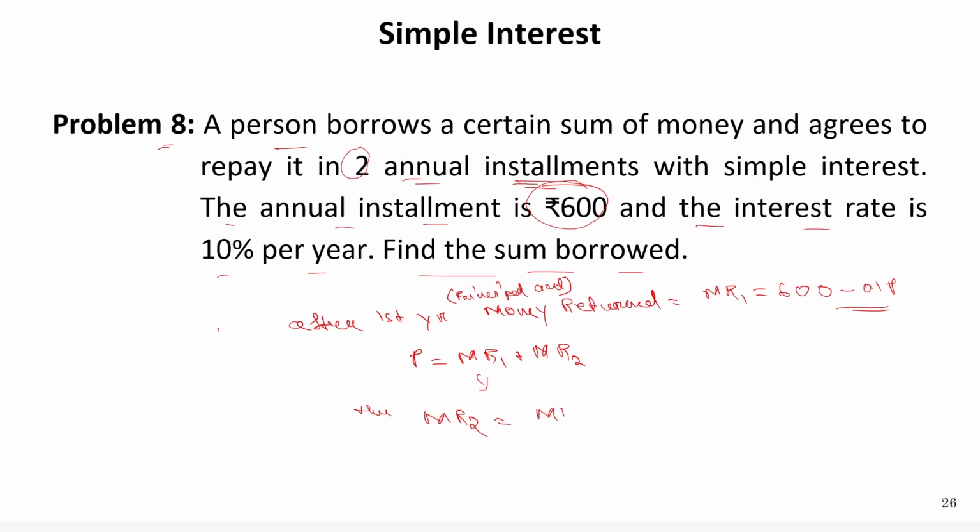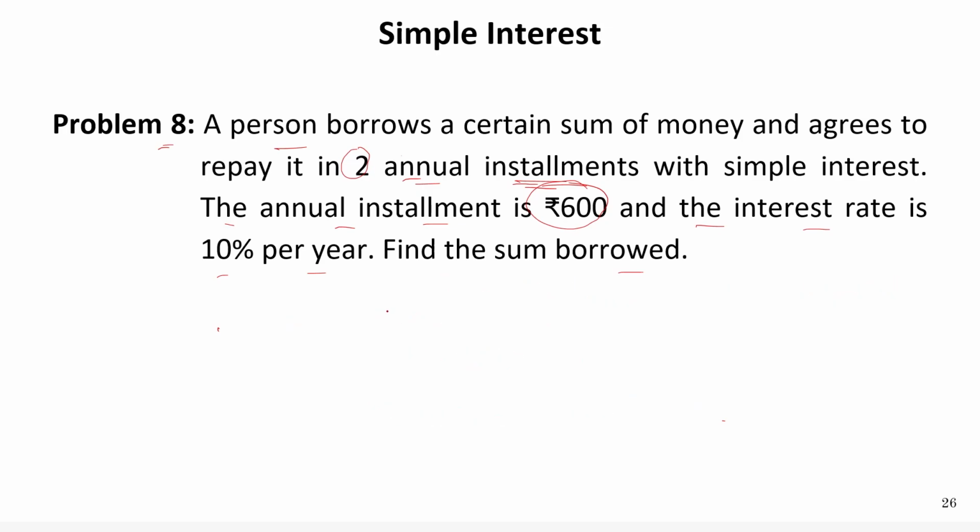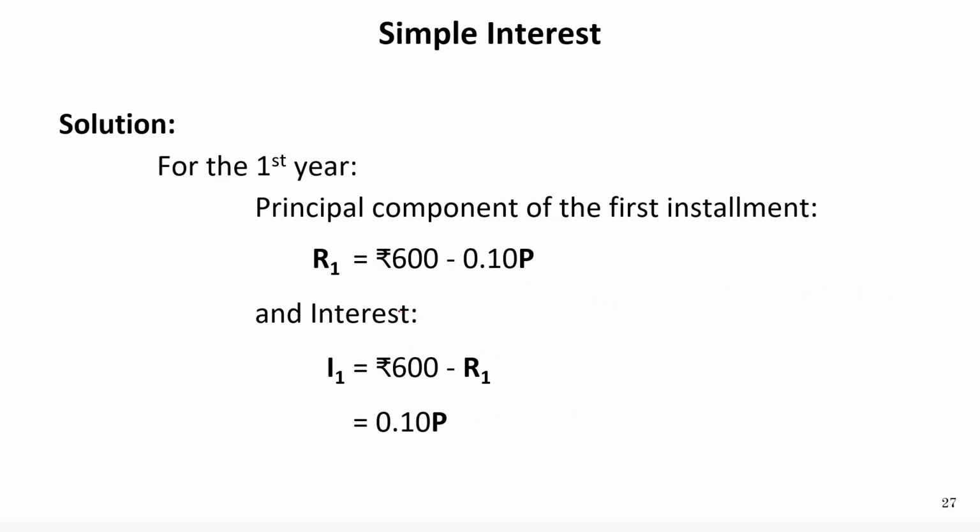That is MR1 minus 0.1 into MR2. That is 0.1. So let's go forward with the step-by-step solution.